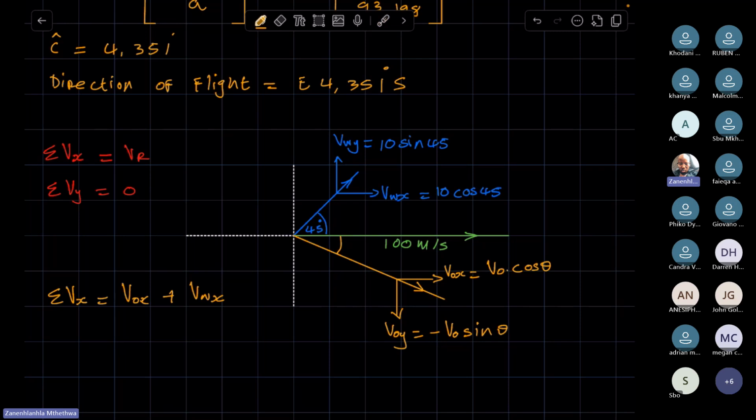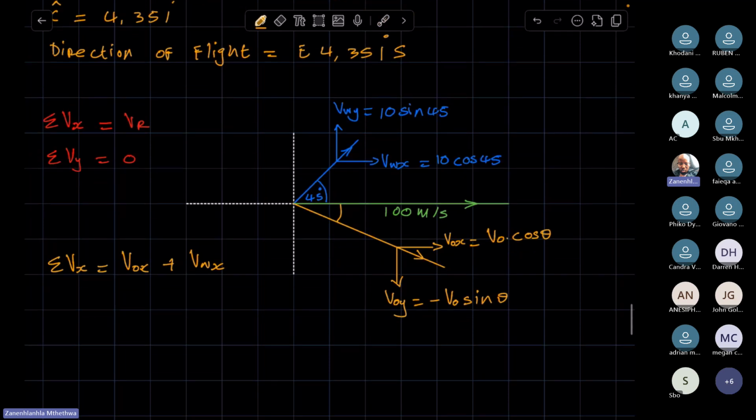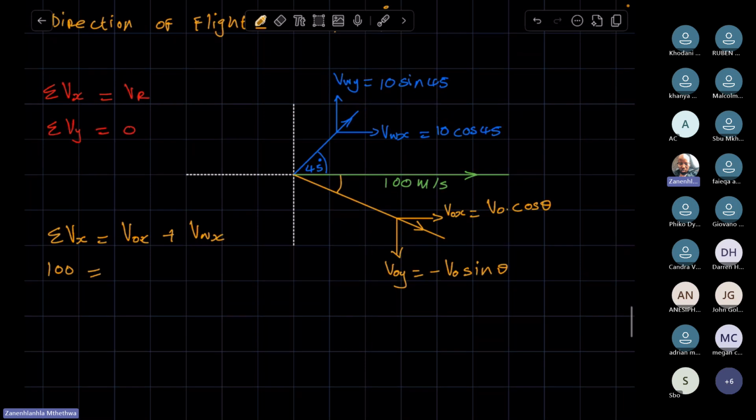So the sum of Vx is equal to VR, and seeing that we've already established that VR is equal to 100, it means 100 is equal to VO in the x direction, which is VO cos theta, plus VW in the x direction, which is positive 10 cos 45.